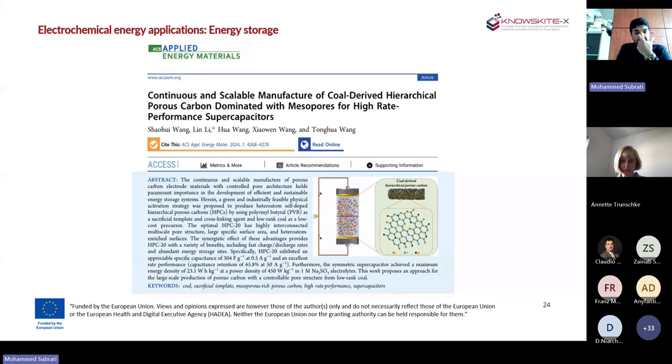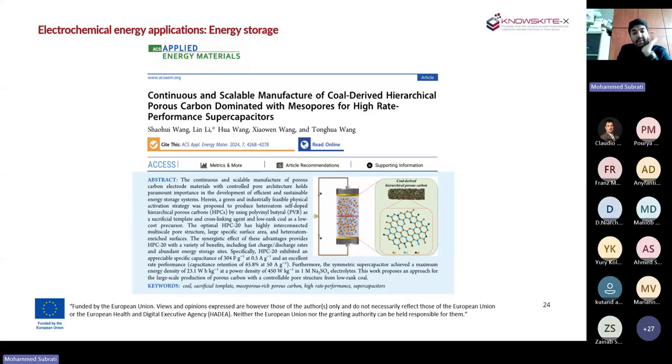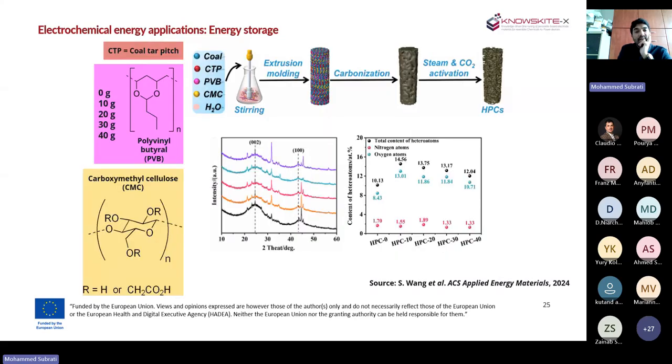As you can see, people are rushing in the literature, and this was actually published last year. These are dominated with macropores, which are actually the most interesting type of porous materials.